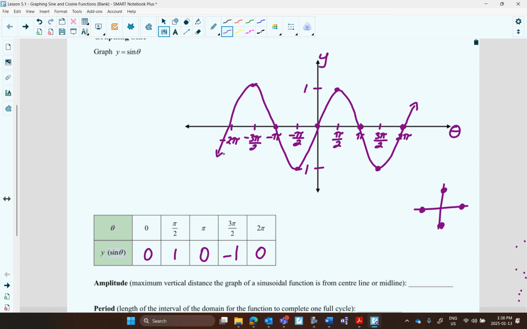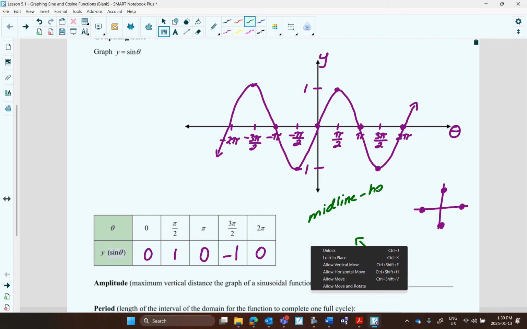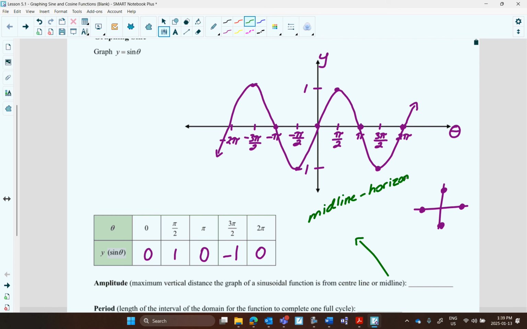First off, before I go to amplitude, I want to talk about what a midline is. And a midline is a horizontal line that splits sine or cos graphs into two.